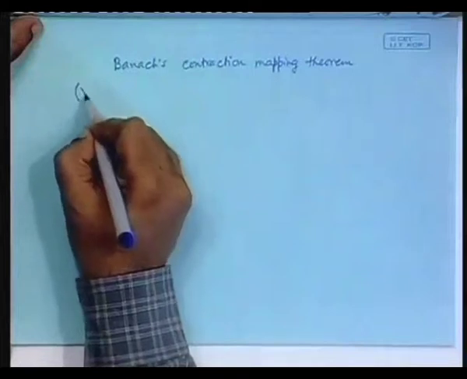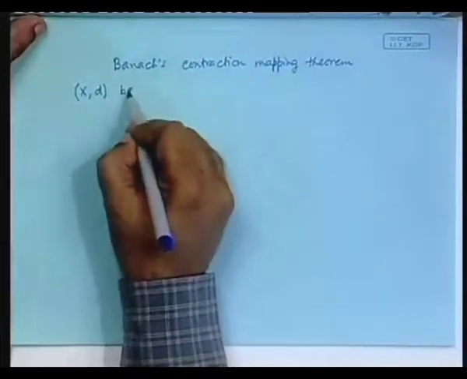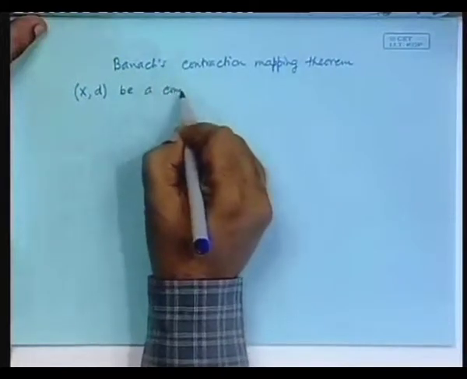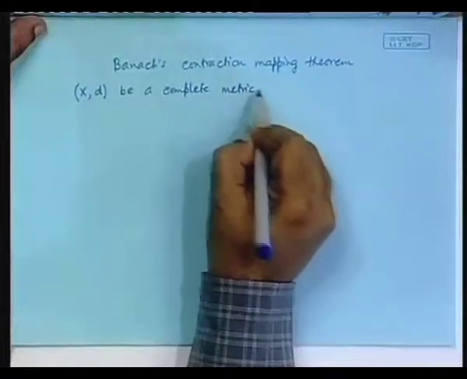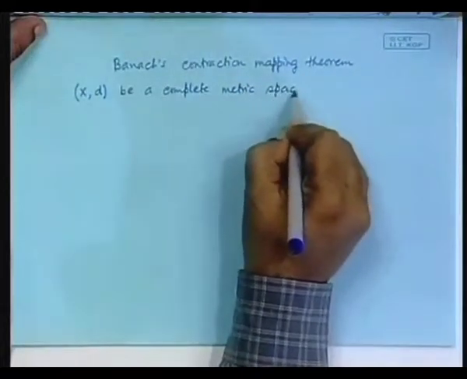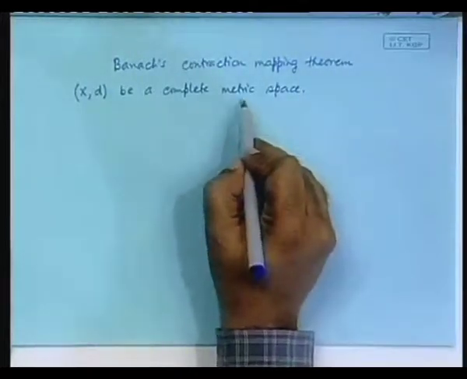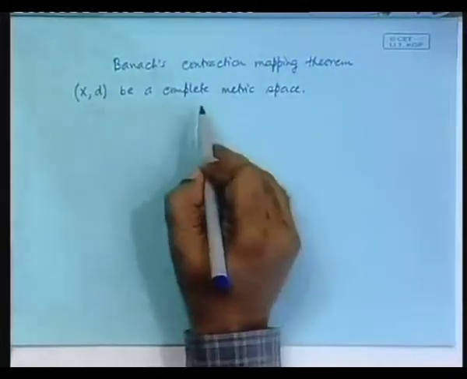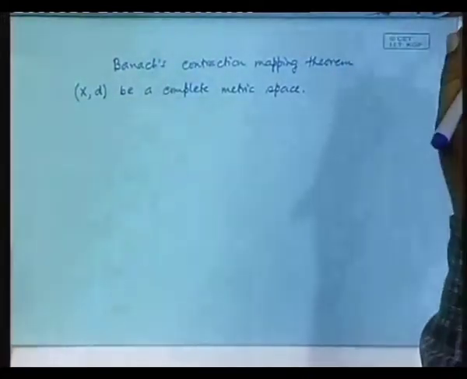Okay. So, Banach's contraction mapping theorem says that if (X, d) is a complete metric space, what is a metric space? Where d is defined. What is complete? That all Cauchy sequences converge onto elements that are members of the set.